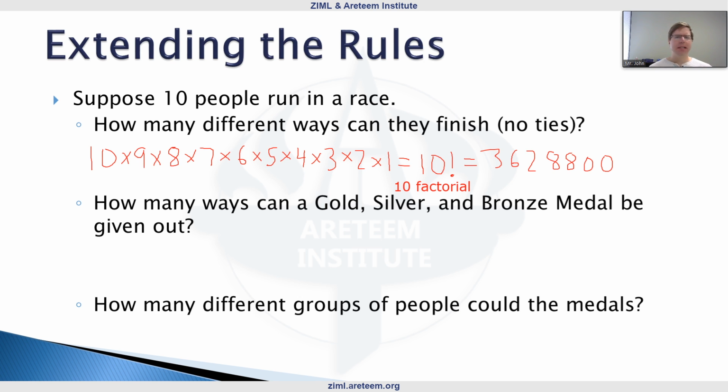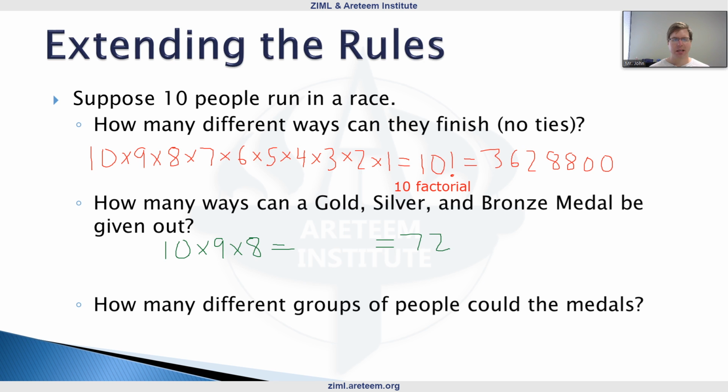Now, is anything different if we start talking about gold, silver, bronze? Well, in fact, that's just 3 of the people that matter. We only care about the first 3 places. So in that case, we have just 10 times 9 times 8. This is just 720.